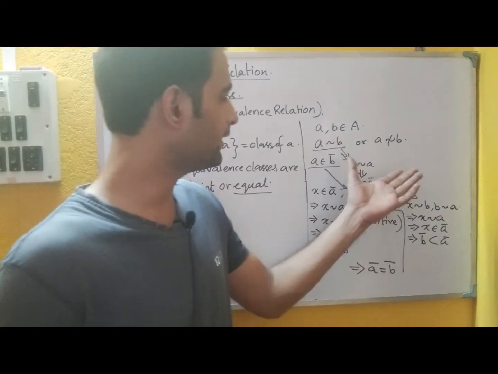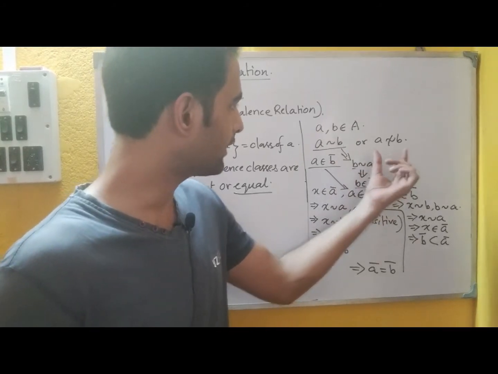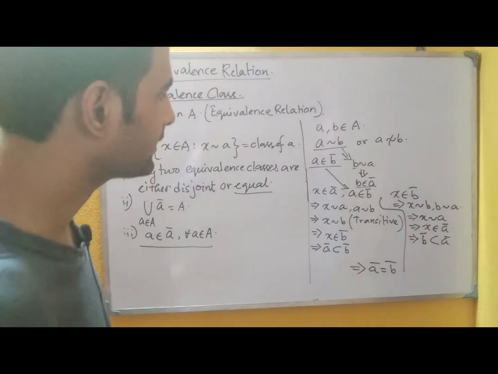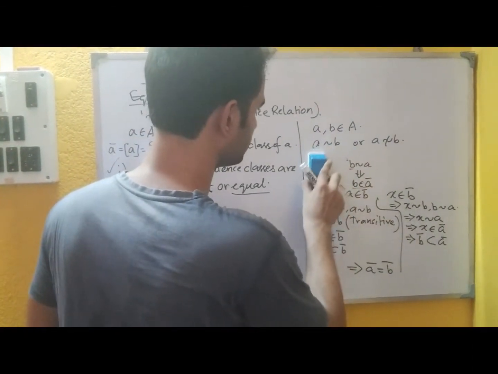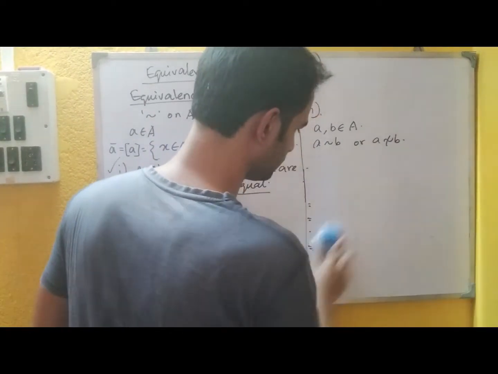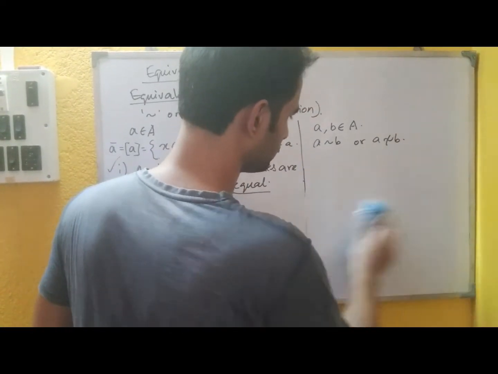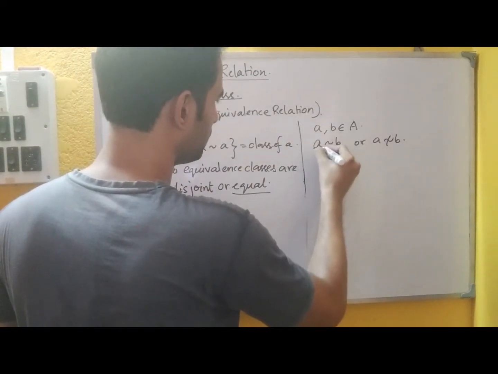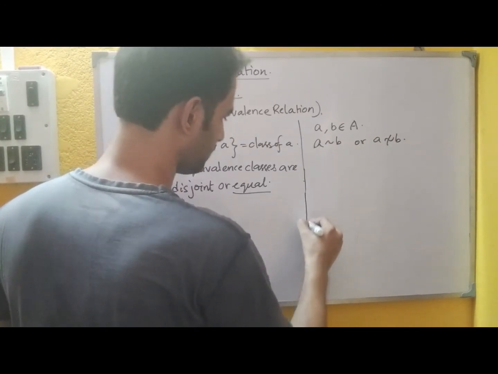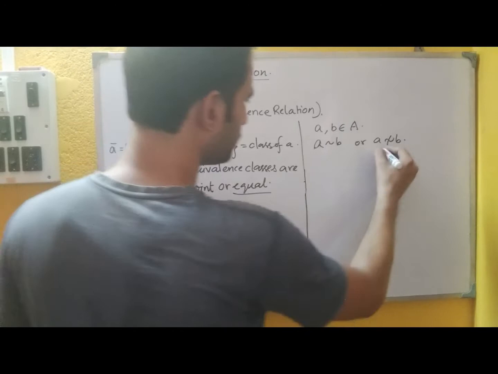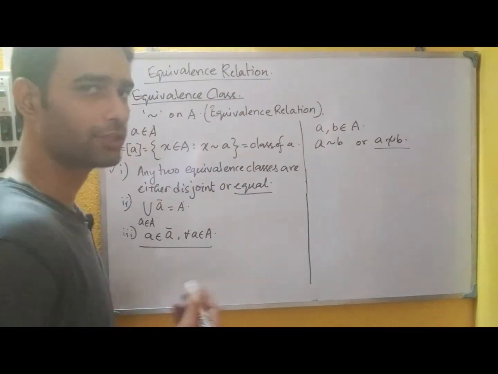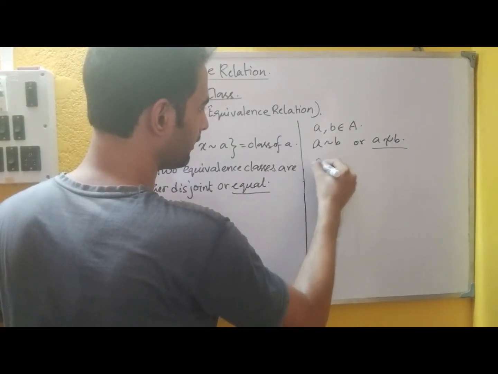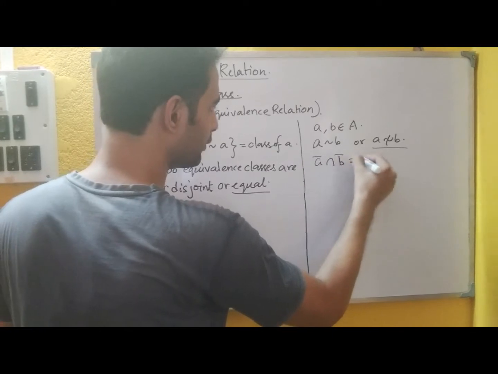So we can easily imagine that with this condition we can prove the disjoint property of the classes. So let us see. Suppose A is not related to B. And again we assume that this intersection is non-empty.